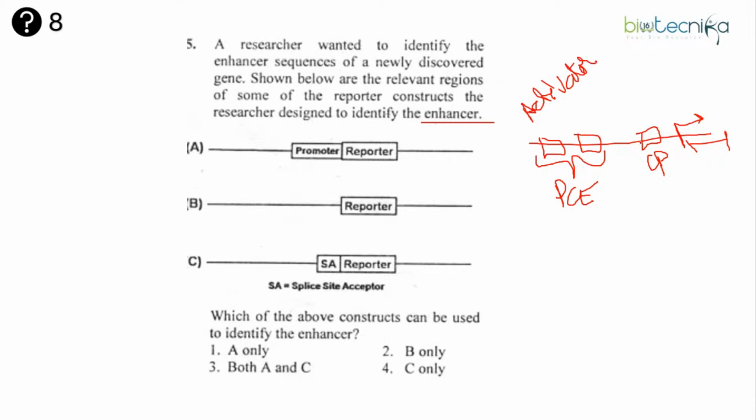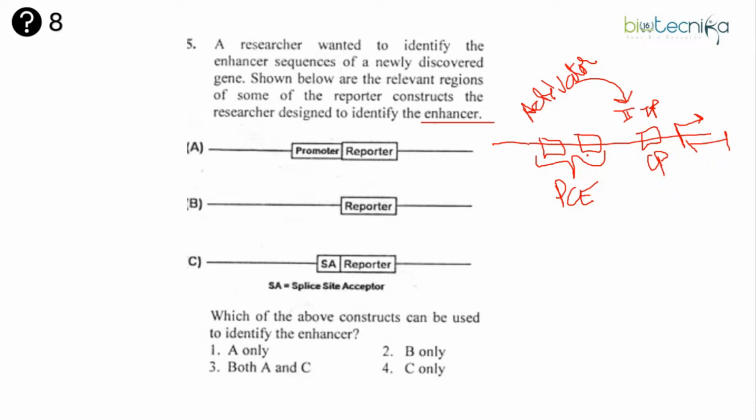What does it do? It simply regulates the polymerase activity. Okay, it regulates the polymerase activity. Now, apart from this, these all are present just next to your gene, upstream of the gene.